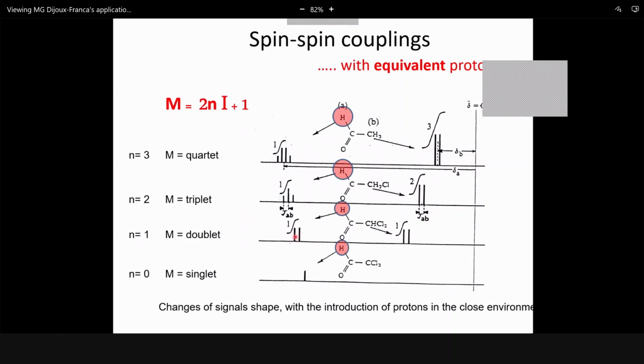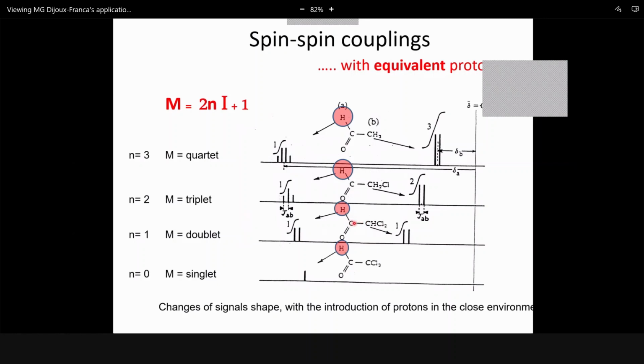And this distance is calculated in Hertz, and it is called the coupling constant. And the value of the coupling constant will give us information on the distance that separates the 2 groups of protons. We see just before that we are talking about scalar coupling.